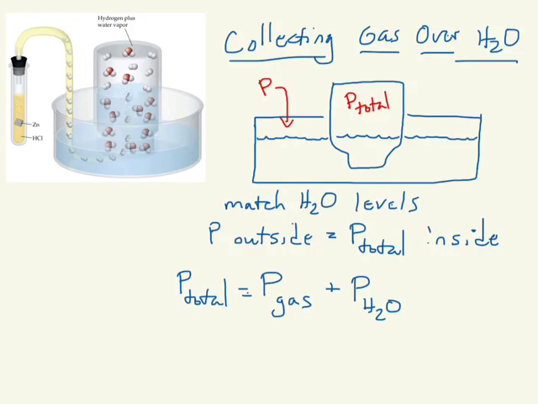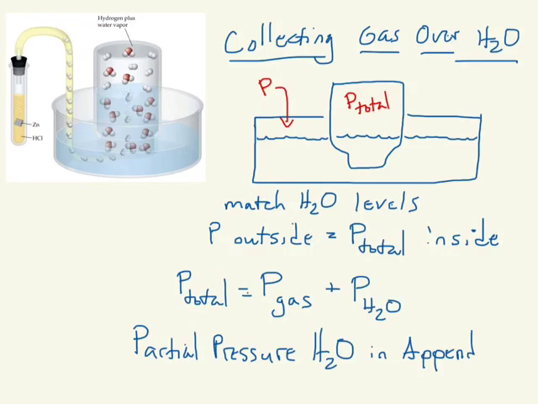The nice part is there is a table of partial pressures of water. Let's say here, partial pressure of H2O is in Appendix G. Okay, Appendix G in our textbook has a nice table that tells you what the partial pressure of water is at different temperatures.